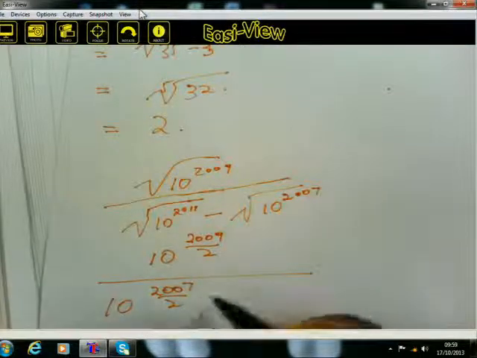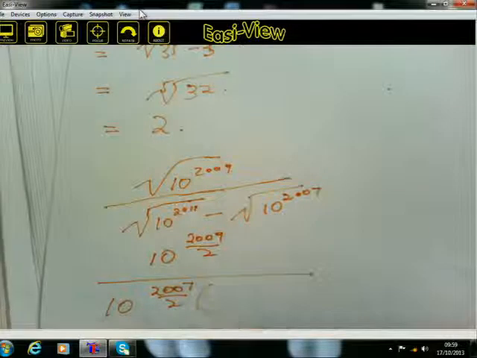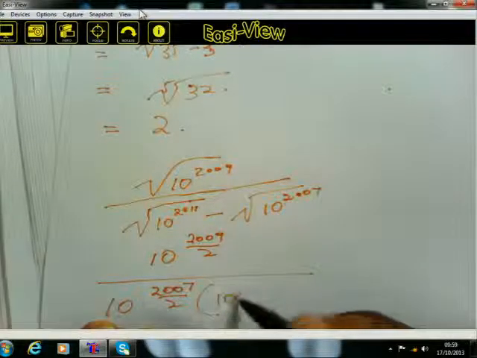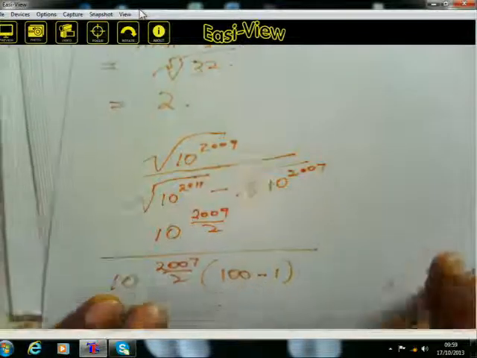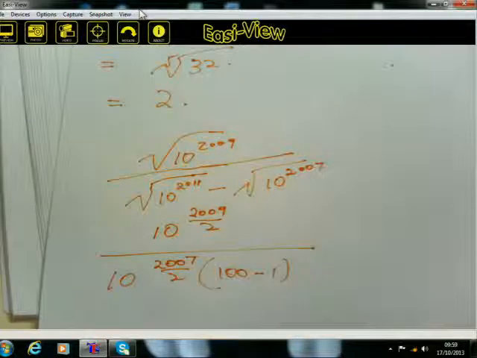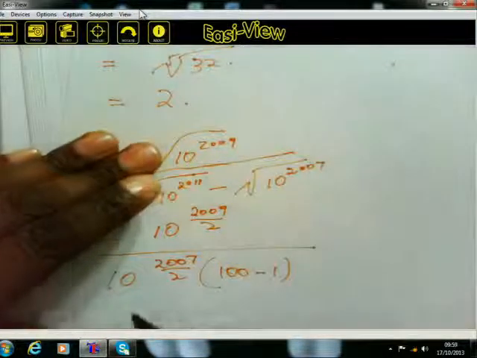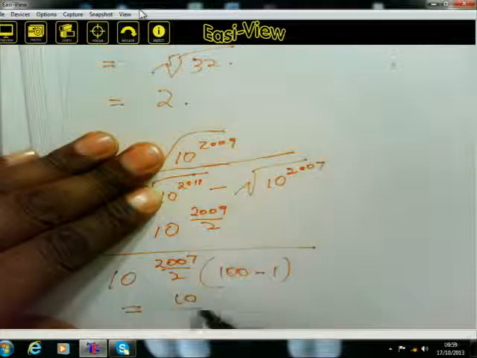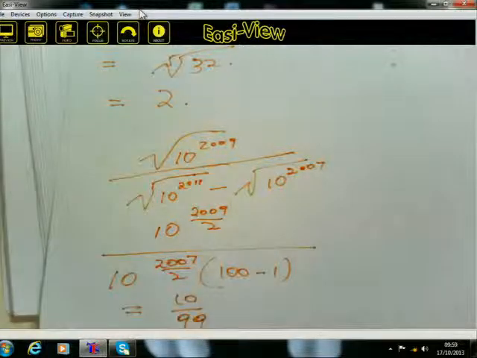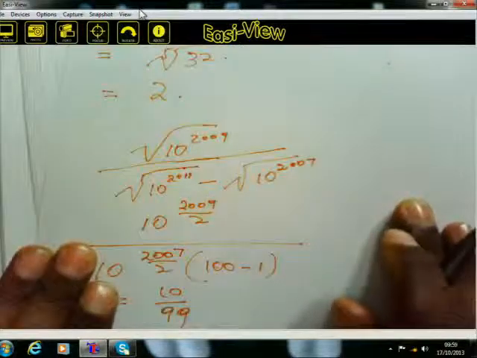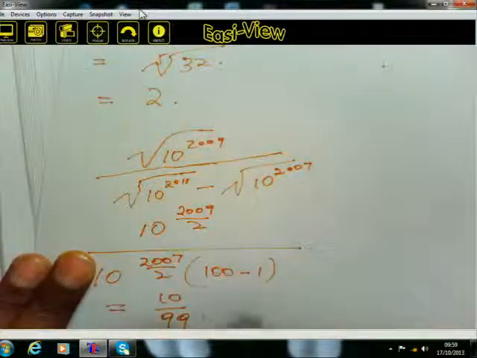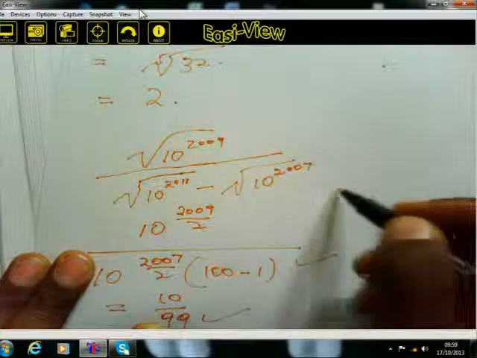I have taken out a common factor whereby this is 100 minus 1. And then this ultimately becomes 10 over 99. And this is going to count 3 marks.